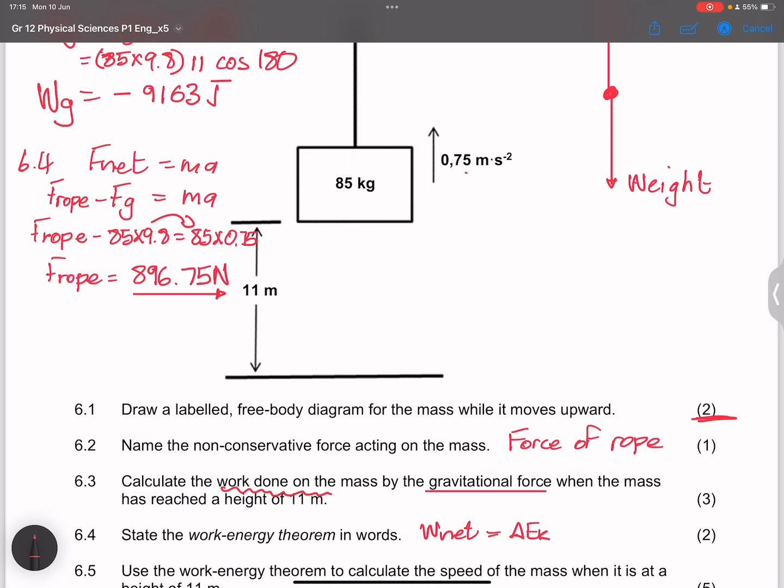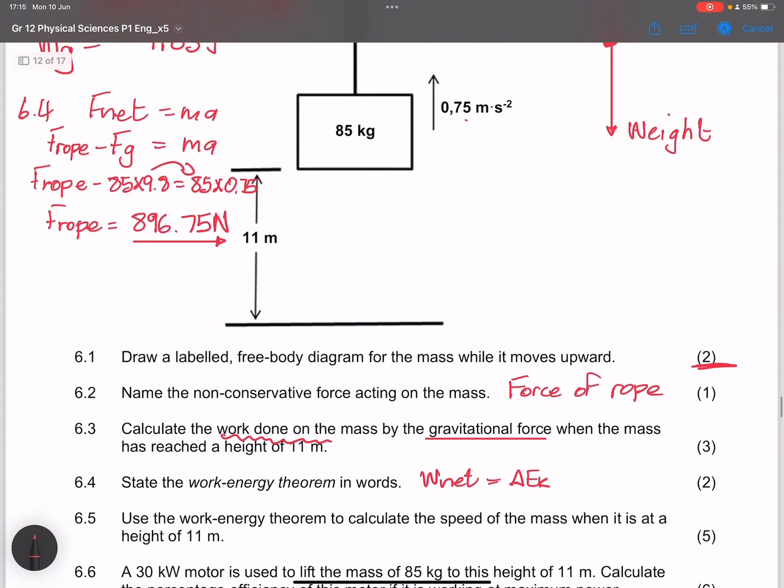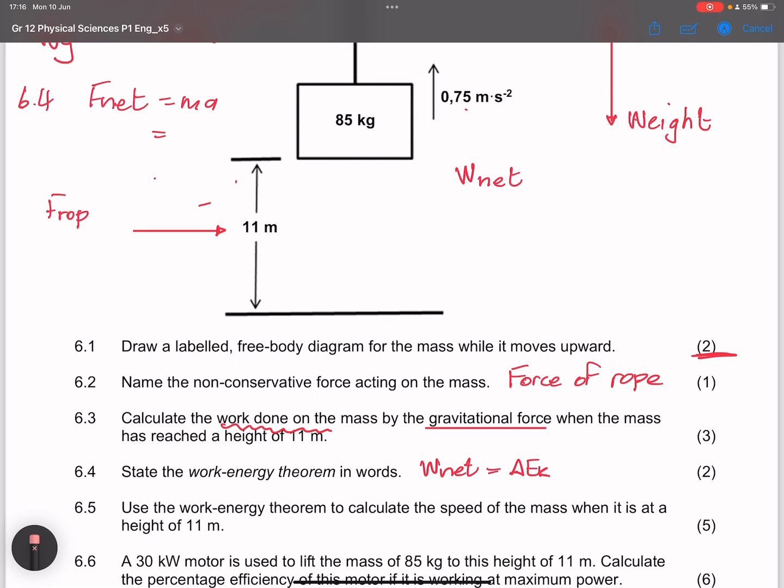Right, but we are looking for the work done in this case. Rather, not the work done, we are looking for the speed when it's at 11 meters. So I'm going to say the net work done, and in fact, we didn't even need to find the force on the rope. We could have just said F net is equal to ma, and what is our F net?